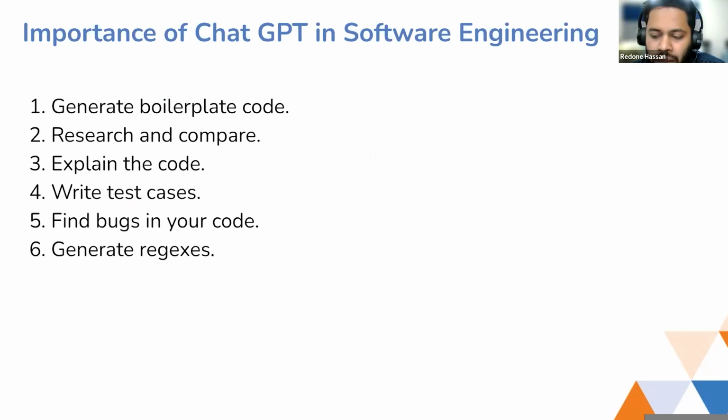As a developer, sometimes we feel that if we have some boilerplate code based on a particular framework or library, it will help us complete a particular client project in the estimated time. For these things, ChatGPT will help you well.